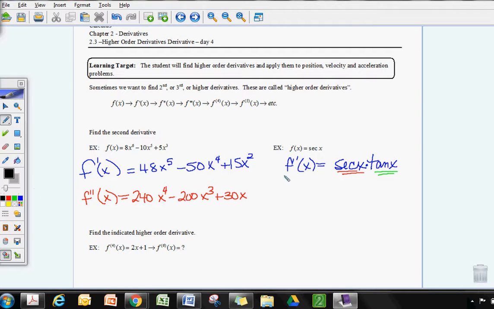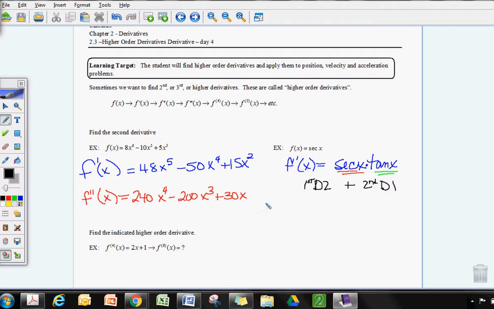So, for my product rule for the second derivative, I still have to remember first, derivative of second, added on to second, derivative of first. So that's the pattern that I'm going to follow.